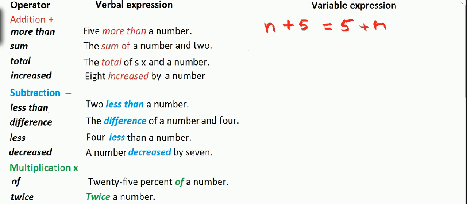The sum of a number and 2: we can say n plus 2 or 2 plus n. The total of 6 and a number, 6 plus n. 8 increased by a number, 8 plus n. Now this n could be any variable that we would like to call it.